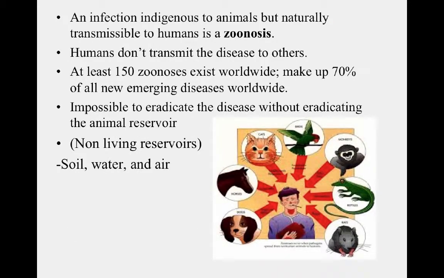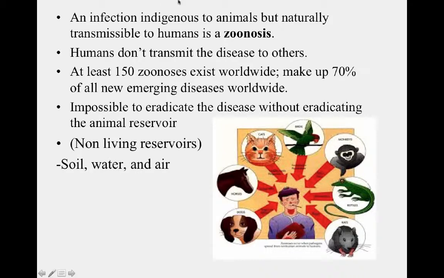We also have a type of infection called a zoonotic disease, or a zoonosis. And this is an infection that is native to animals but is naturally transmissible to humans. So an example of this would be Lyme disease or dengue fever. And these types of diseases are not transmissible from human to human. So humans don't transmit the disease to others, but they contract them from animals, and usually it is through an insect vector.